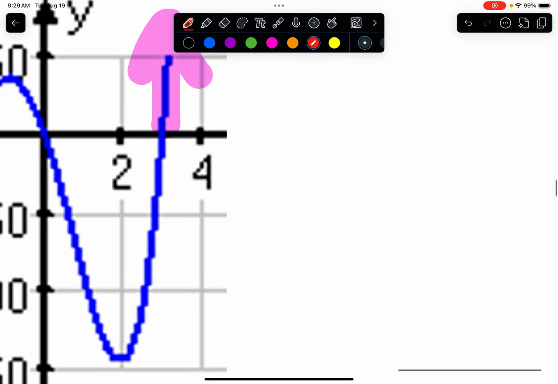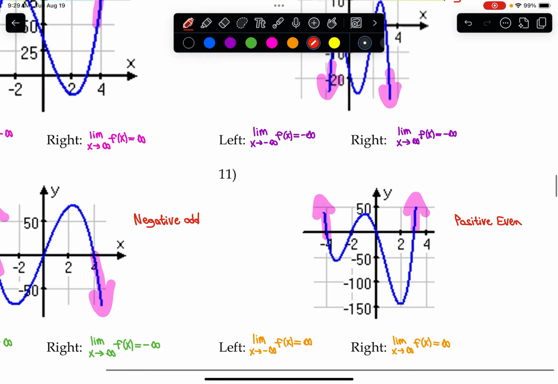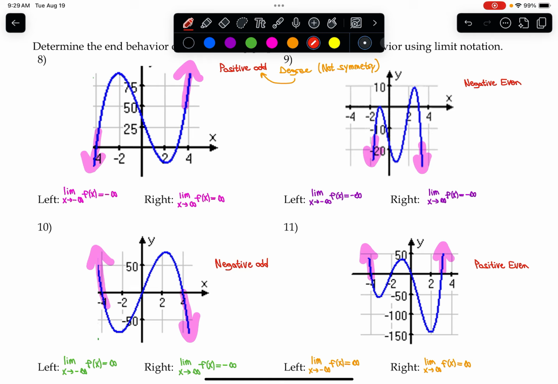And this is what we refer to as positive odd. Nope, not odd, sorry. Positive even. There we go. So these are the 4 different polynomial types in terms of leading coefficient and type of degree.